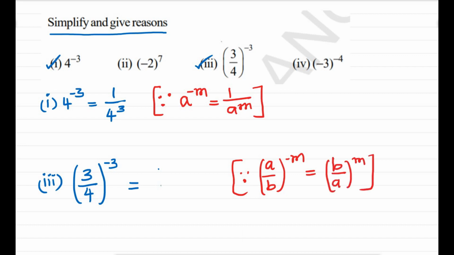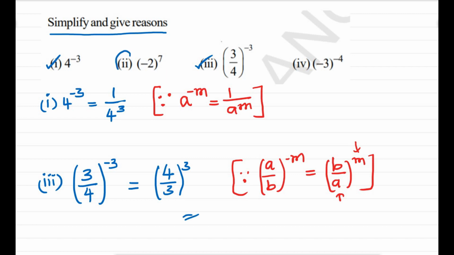Observe that here the fraction will be reversed to remove the negative sign. So we can write 4 by 3 whole to the power of 3. This is the final answer.